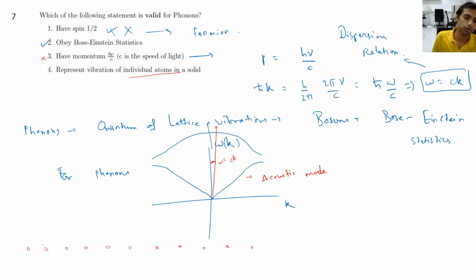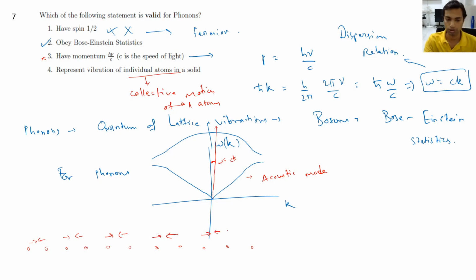So it is not a representation of the vibration of the individual atoms, rather it is that of the collective motion of all atoms. For example, there would be a state here moving like this. It is that collective motion which is described by phonons, not the individual atoms. So that is why this is also wrong.